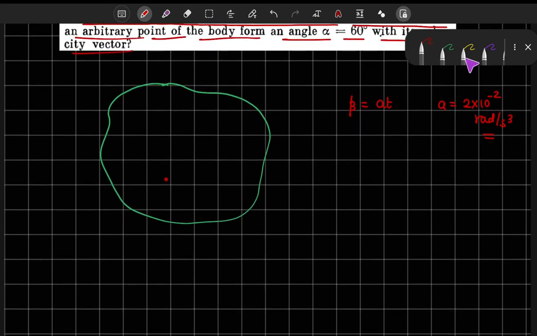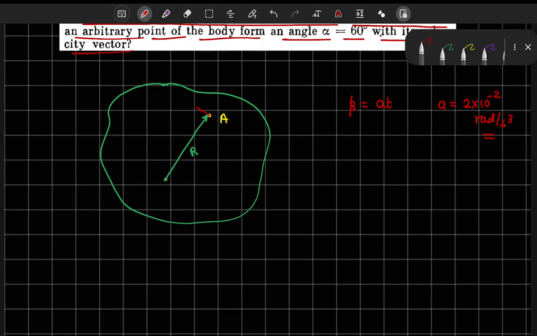Let us say this is the point A, an arbitrary point, and the distance between this point and the axis is r. Now if we talk about the acceleration of this point, we have two components of acceleration.